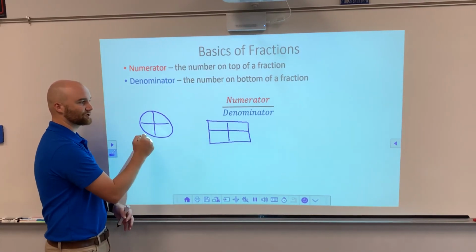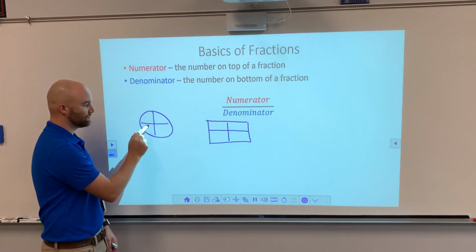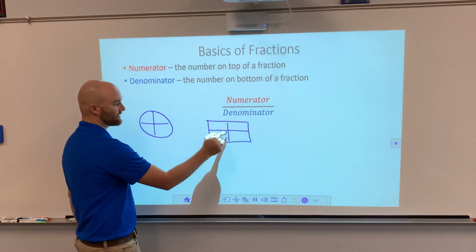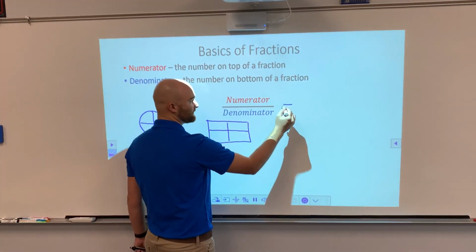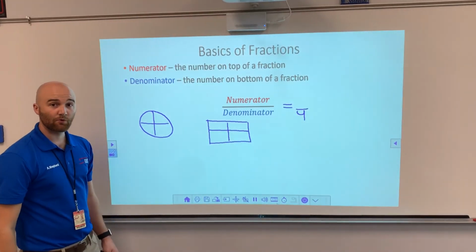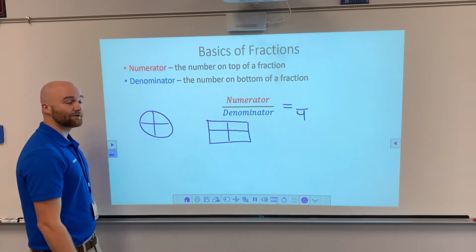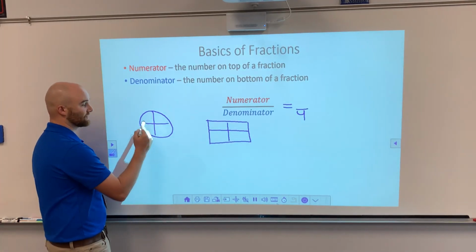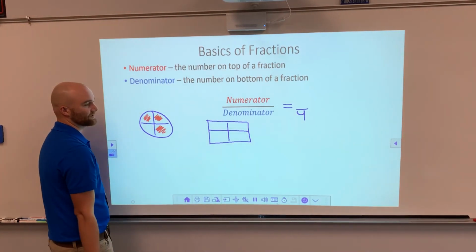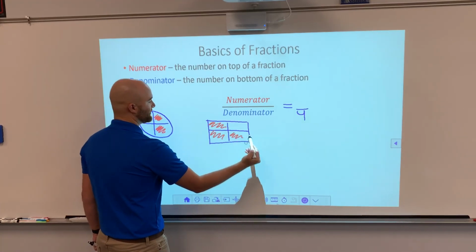Both of these fractions have the same denominator. We can see 1, 2, 3, 4 spaces to fill it up. 1, 2, 3, 4 spaces to fill it up. So both of these will have the denominator of 4, because 4 is how much it would take to fill it all the way up. The numerator is however many I choose to shade. So I'm going to choose to shade 1, 2, 3 on this one, and 1, 2, 3 on this one.